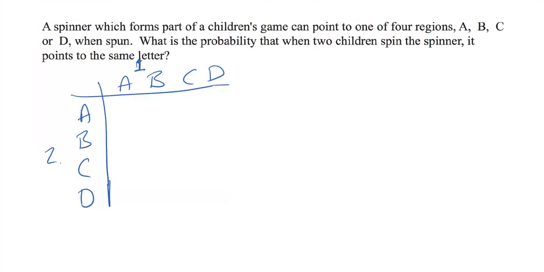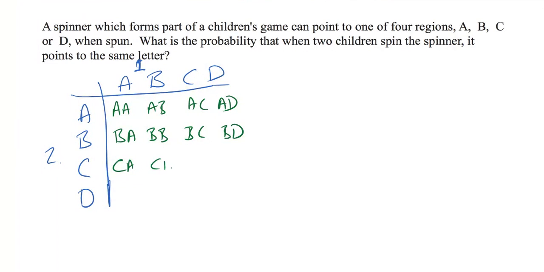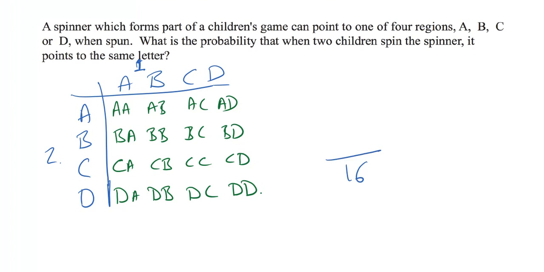Okay, so let's fill in this table. Well, I'll just write A, B, A, C, A, D, B, A, B, B, B, C, B, D, C, A, C, B, C, D, making mistakes, C, C, C, D, D, A, D, B, D, C, and D, D. Okay, so we have in total 16 different possible outcomes, all equally likely.